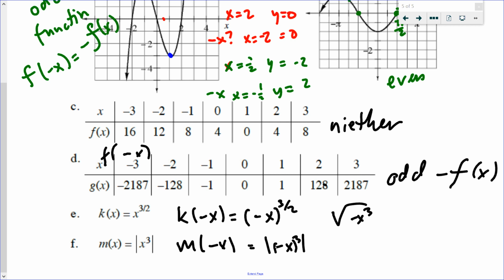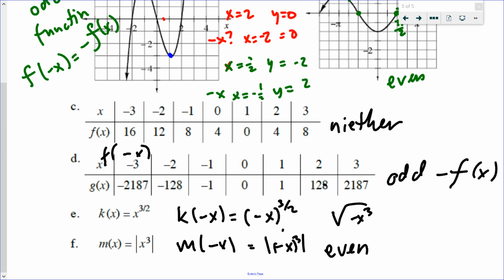Negatives cubed remain negatives. Positive cubes remain positive. But at the end result, guess what is always going to be positive. So you get the same output, the same number, but it's always going to be positive even if it's negative. So this is going to be an even function. It's going to look like the original, even if I plug in -x.